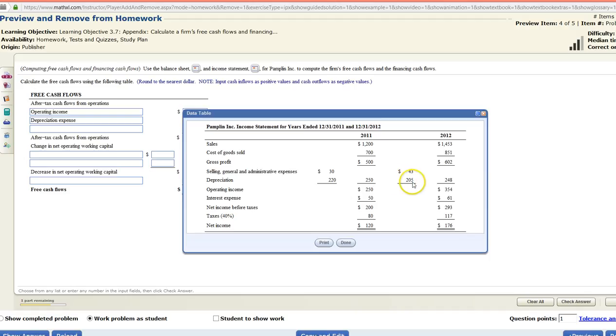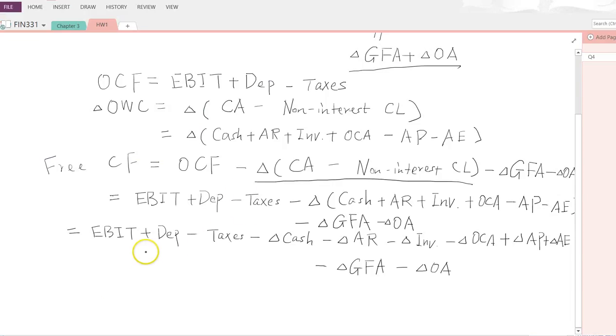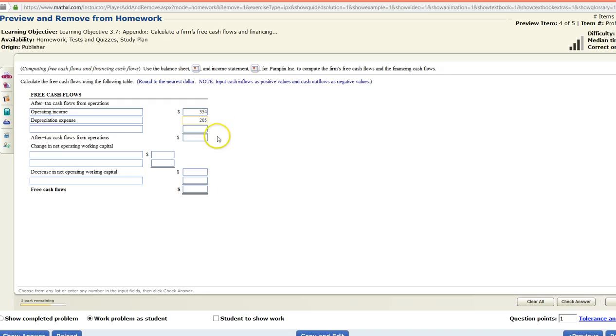The depreciation is 205. Since this is a depreciation expense, do we need to put a negative sign in front of it? No, because going back to this formula, we have a positive sign before depreciation. The reason, I think, is that in the cash flow calculation, depreciation becomes an inflow because we are adjusting for what we shouldn't have deducted.